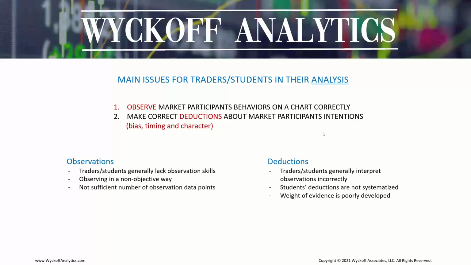And usually it's kind of difficult to create good observation skills because you need to see a lot of data, a lot of information on the chart, and you have to have the capacity to observe a lot of it almost at the same time. The second problem is that as we observe this data, I see a lot of non-objective ways of how we're observing it.